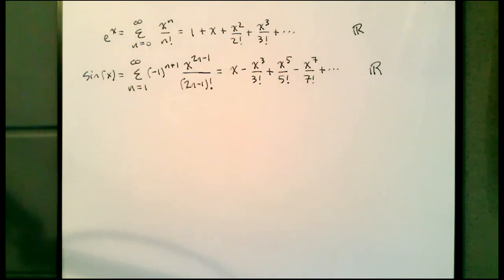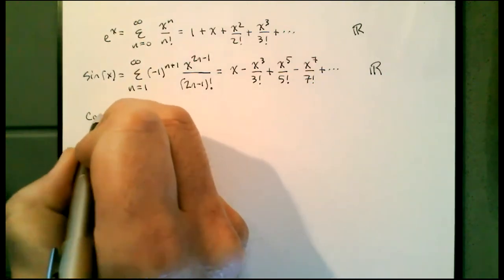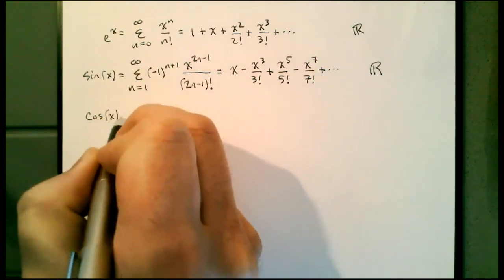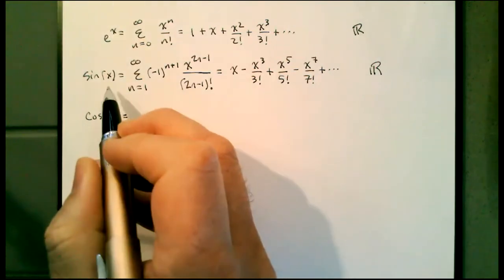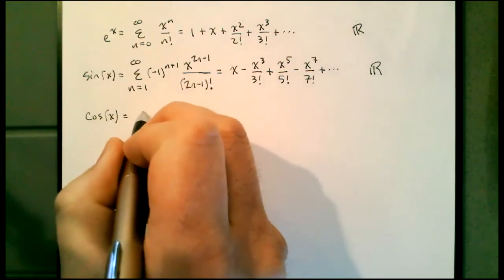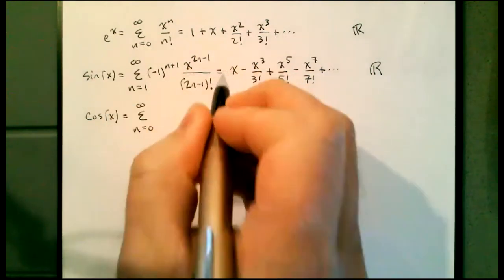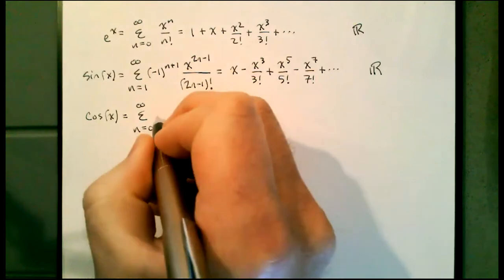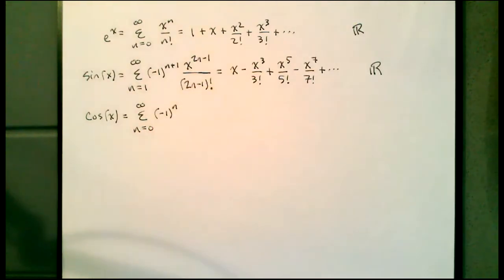And we also found the Taylor series for cosine. So cosine x, we could find the Taylor series for cosine x by taking derivatives of cosine, plugging in 0, doing all that. But we can also notice that cosine is the derivative of sine, and just take the derivative of what we're looking at here. Cosine still alternates, and it starts off positive as well.